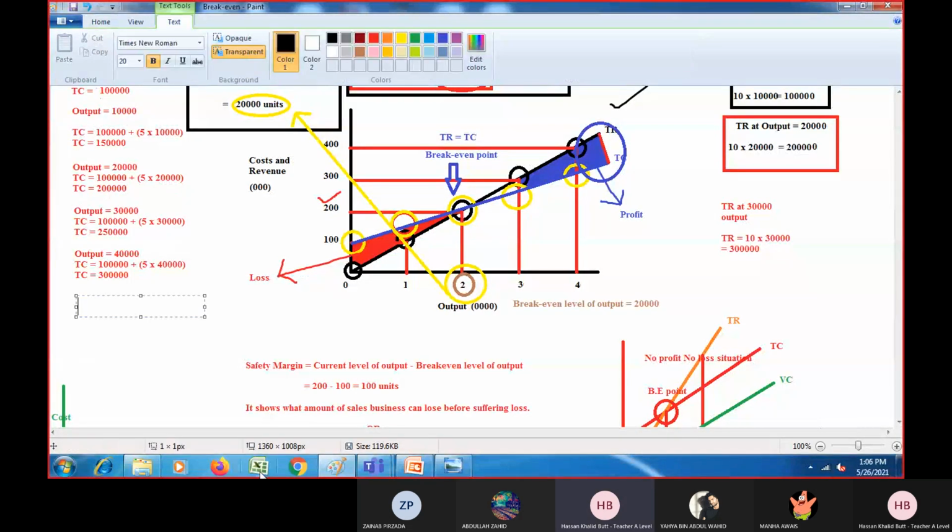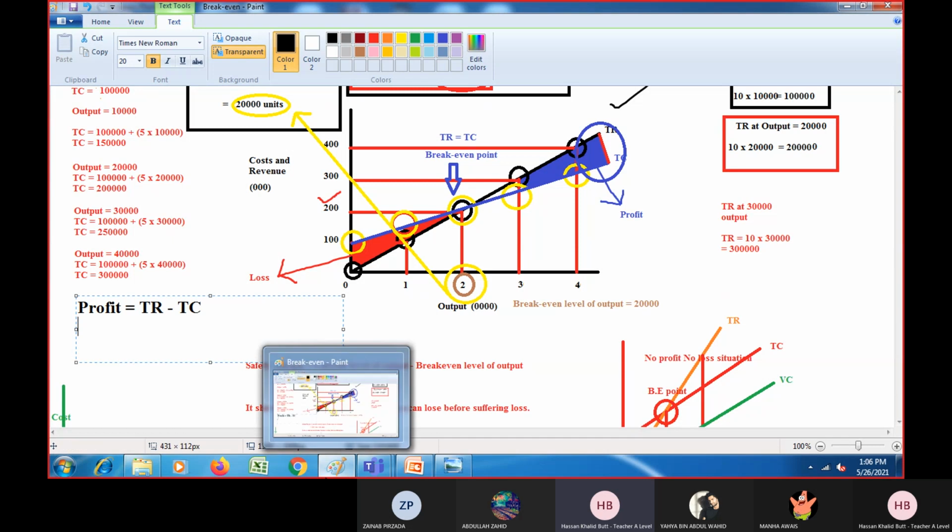So profit is equal to total revenue minus total cost. You know that, okay. This is the general formula of profit.